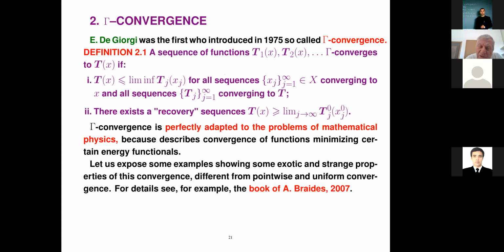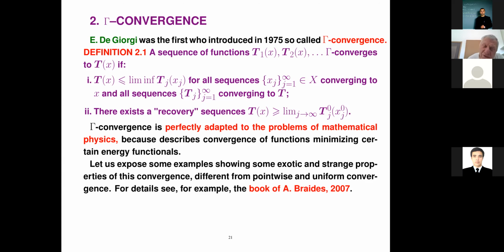Any subsequence of this sequence is estimated from below by the lower limit, and there exists some kind of recovery sequence which gives you this lower limit estimation, this limit estimating from below this sequence. And this gamma convergence is totally different from the pointwise convergence.